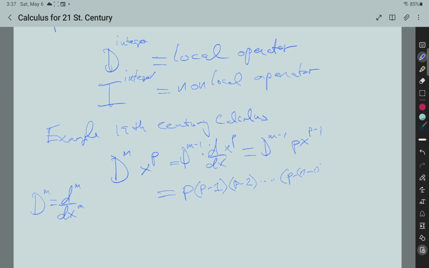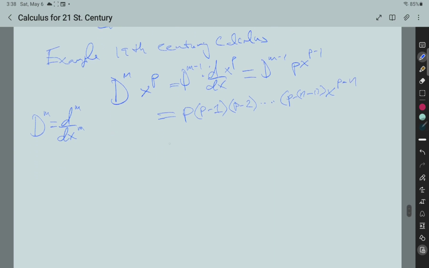So that means I'm going to get x to the p minus m.